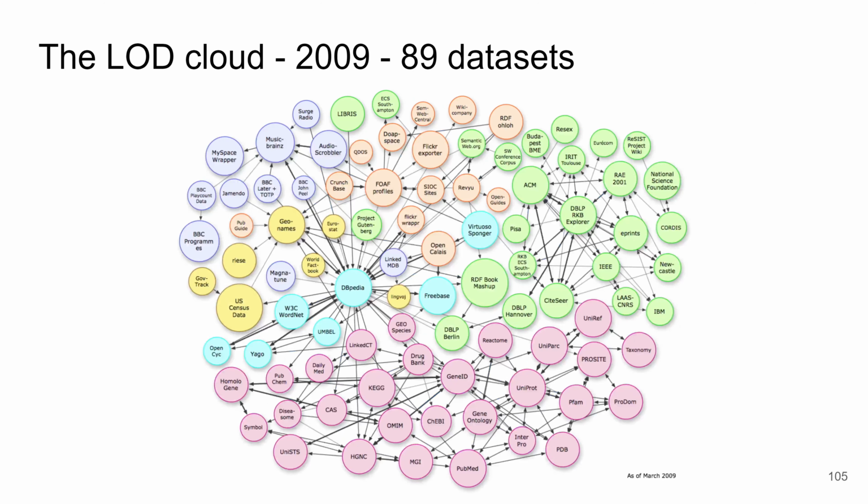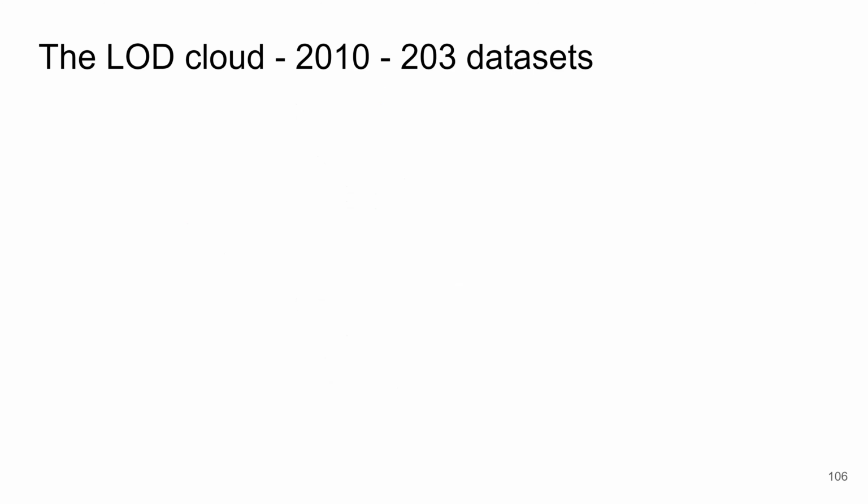Well, in 2009, there were 89 datasets. Now they are color-coded for individual data domains. So the green ones are publications, the blue ones are database encyclopedias, the yellow ones are statistics, and the pink ones are medical datasets.